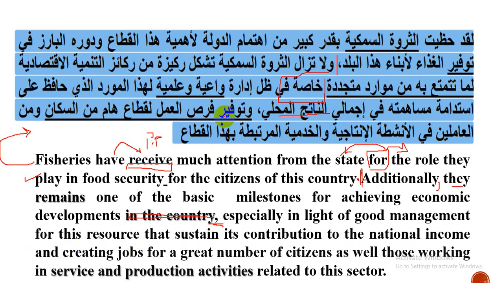So here وتوفير إدارة واعية تقوم على حاجتين: استدامة المساهمة وتوفير فرص العمل and creating jobs for a great number of citizens لقطاع من السكان as well as those working in service and production activities related to this sector المرتبطة بهذا القطاع.